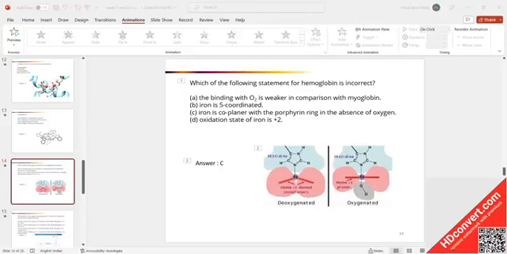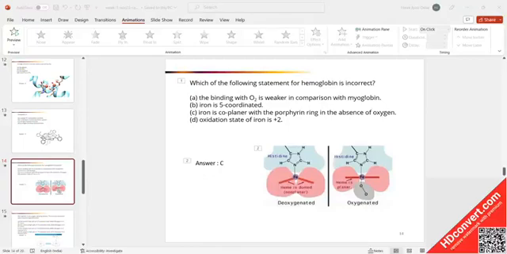It is towards the histidine moiety, which binds strongly and pulls it outside the plane. But whenever oxygen is present, the iron is pulled into the plane of the heme, and therefore iron is not coplanar when there is absence of oxygen. So option C is the incorrect one.